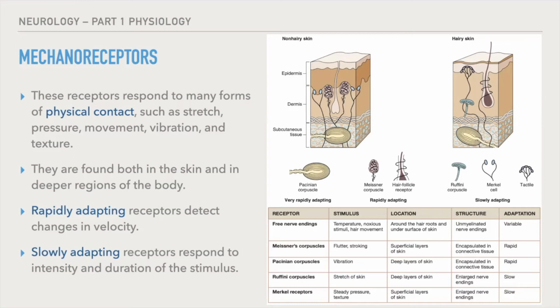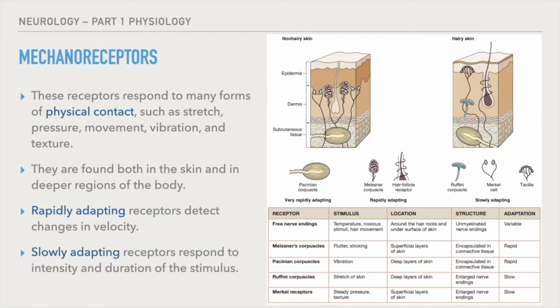The hair follicle receptors are nerve fibers surrounding the hair follicles. So when the hair in the skin is displaced, it excites the hair follicle receptors. These receptors are also rapidly adapting and detect the velocity and direction of movement across the skin. The Ruffini corpuscles can be found in the dermis, but also in the joint capsules, for example, in the knee.